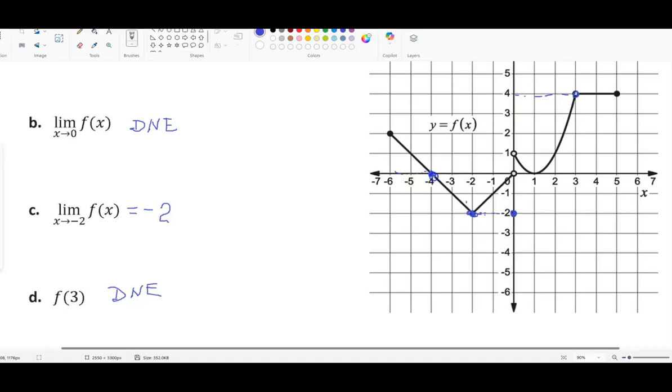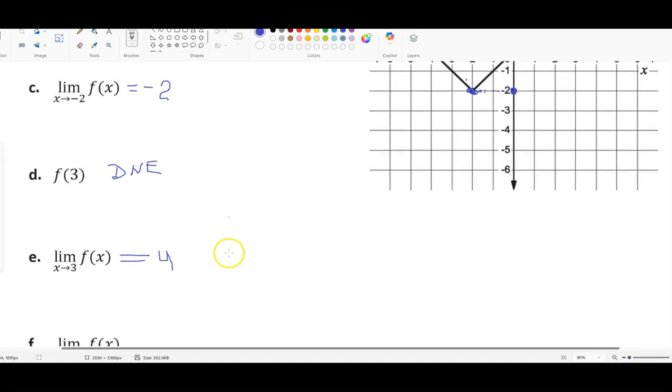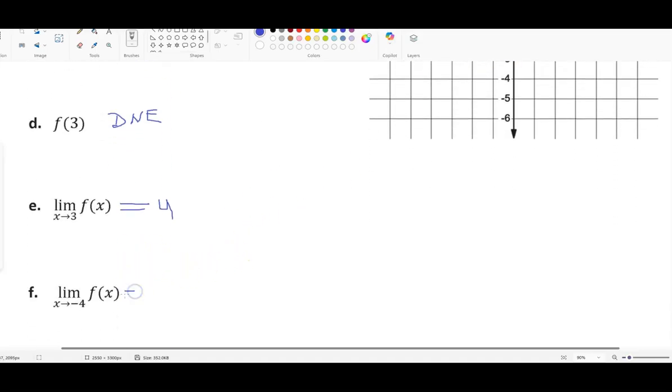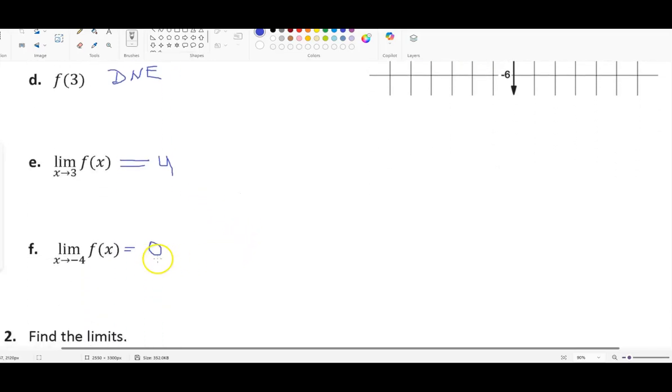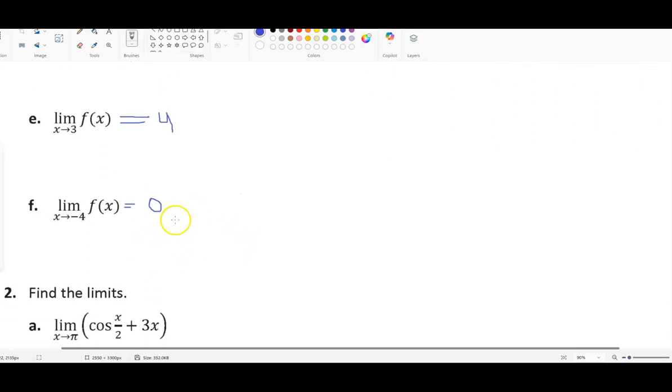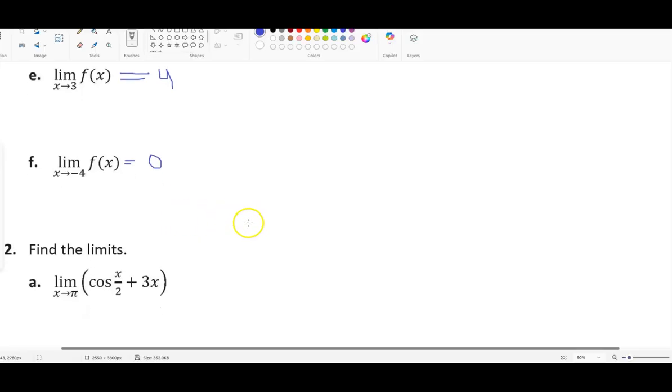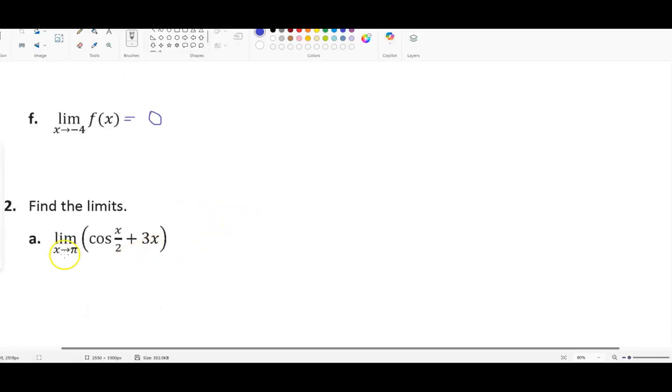So what is the y value for this point? The y-coordinate is 0. So that's why we say, since the graph approaches the same point, we just need to know the y-coordinate. Hopefully it was helpful.